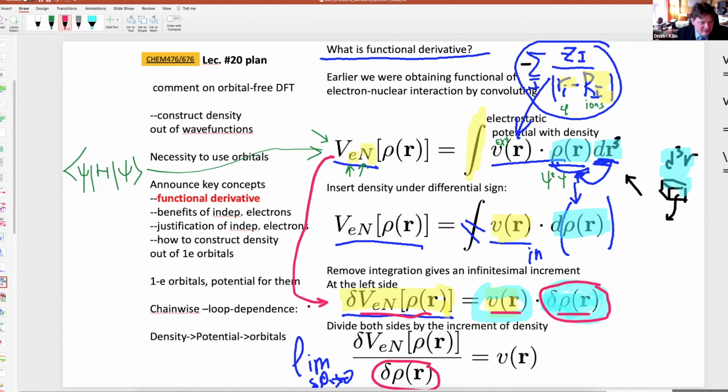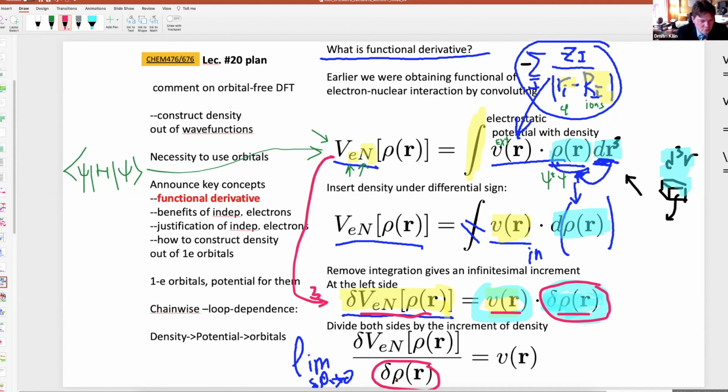I just take line number 3 and divide left and right by this delta rho. Now, you didn't protest, you didn't scream, stop, I do not believe it. But it is really a very key step in the knowledge of the whole human civilization.